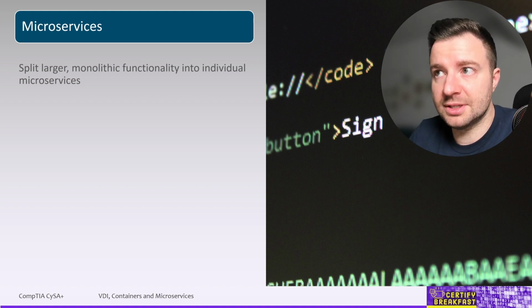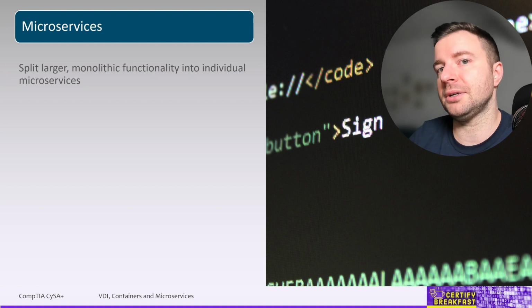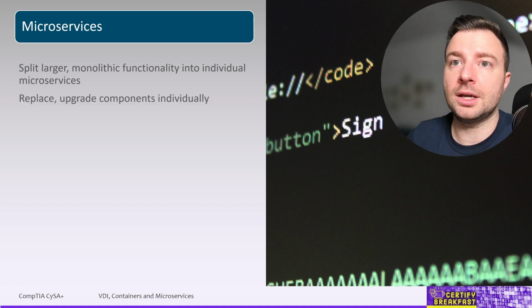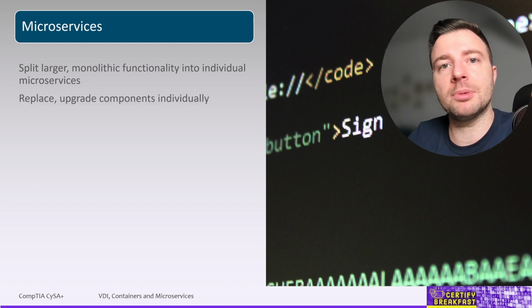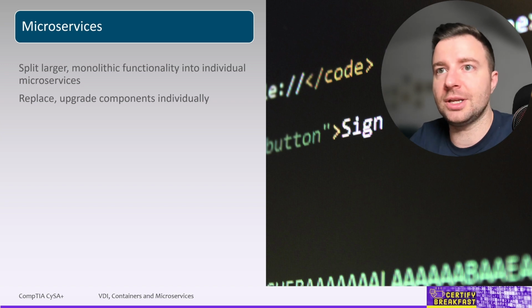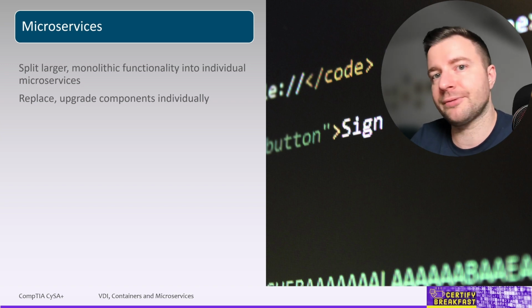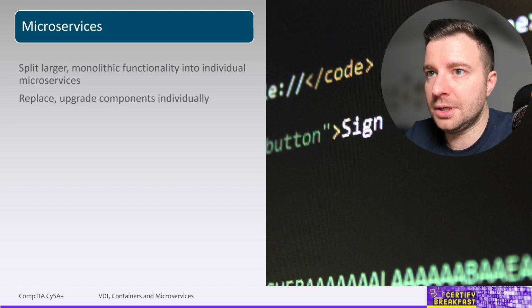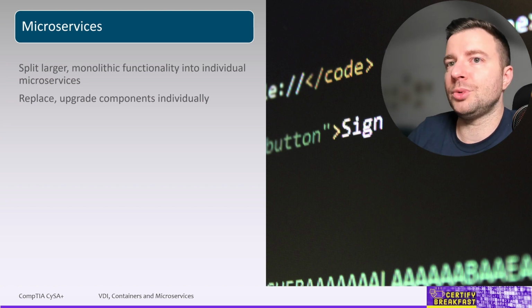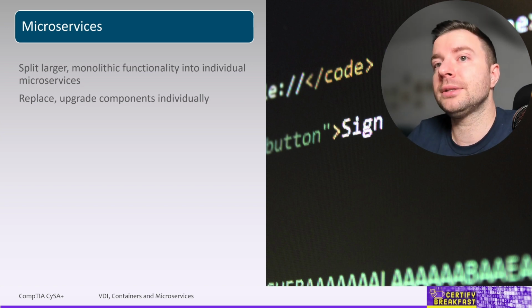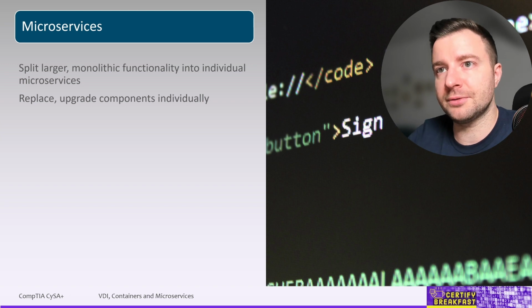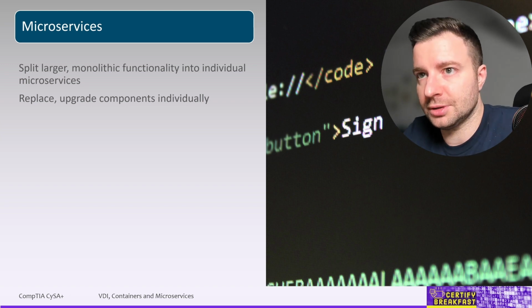We can consider these microservices as black boxes, self-contained, but with very clearly defined inputs and outputs. And of course, just like in SOA, we can replace, upgrade, or change any component individually without affecting the entire application as a whole, even from different vendors. What we do need to make sure is that microservices can communicate with each other properly.